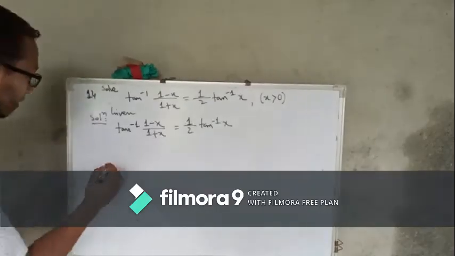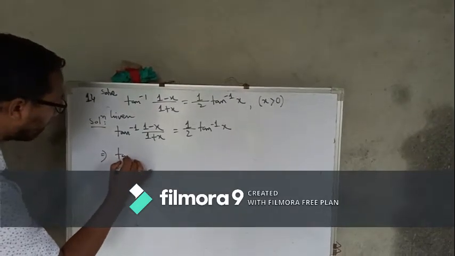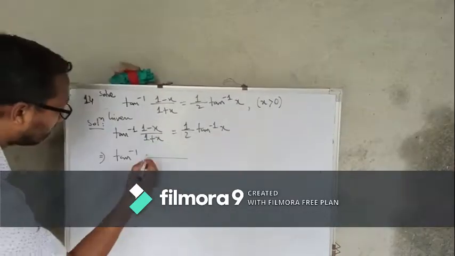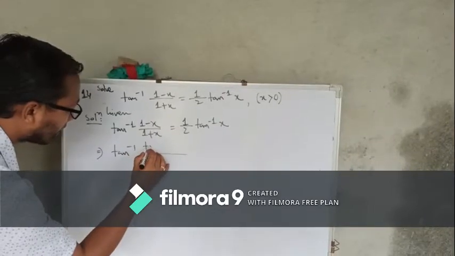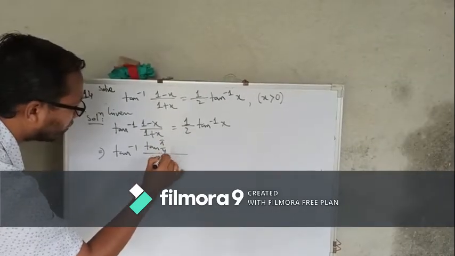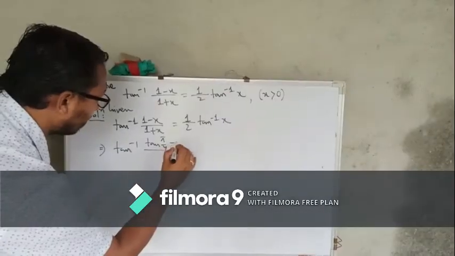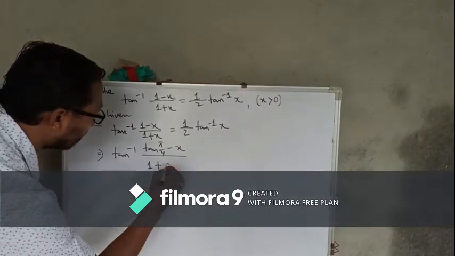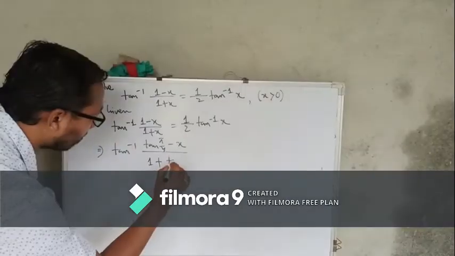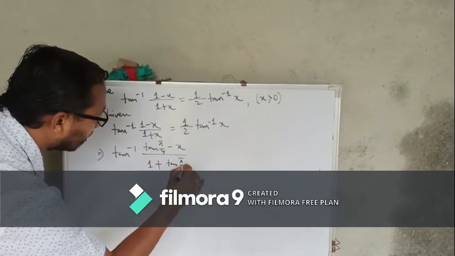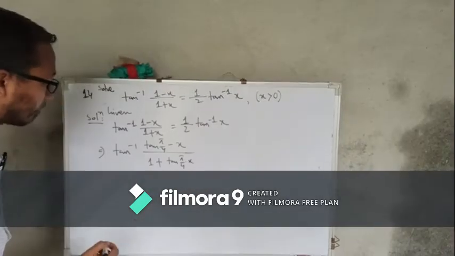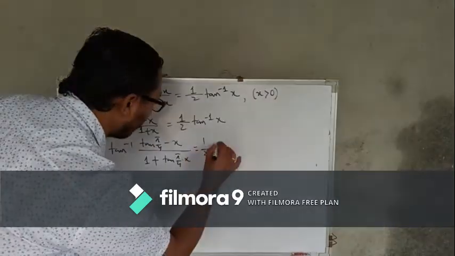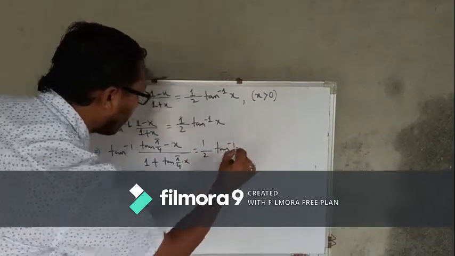Okay. Now you see how can we proceed. This 1 can be written as tan pi by 4, tan 45 degree. Then in 1 plus 1 into x, that 1 can be written as tan 45 degree into x, is equal to half of tan inverse x.